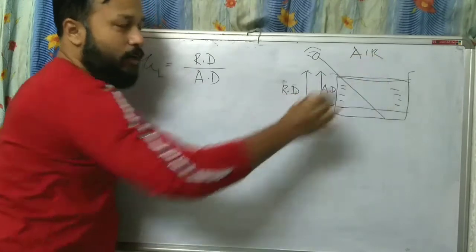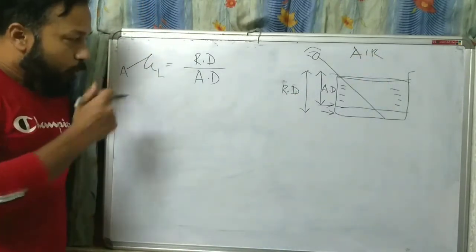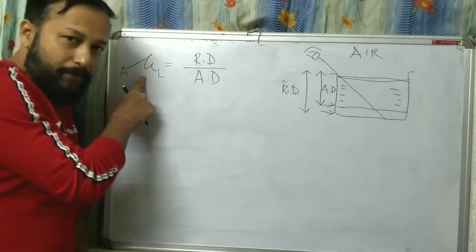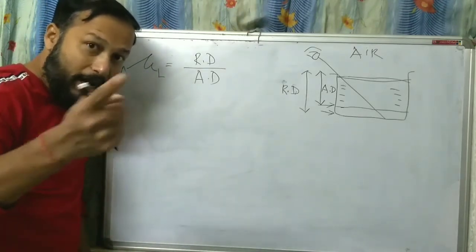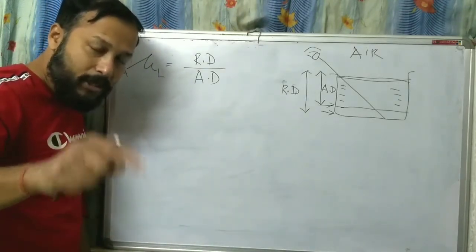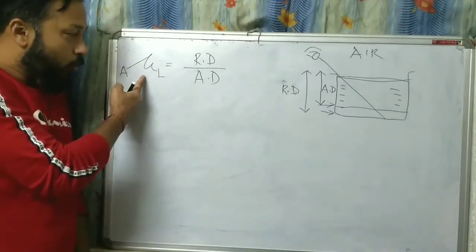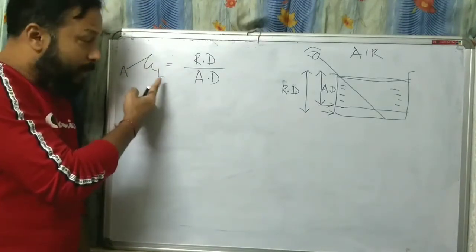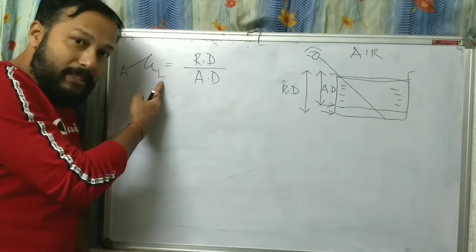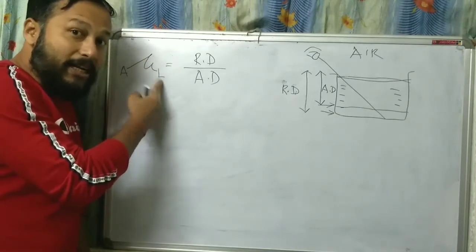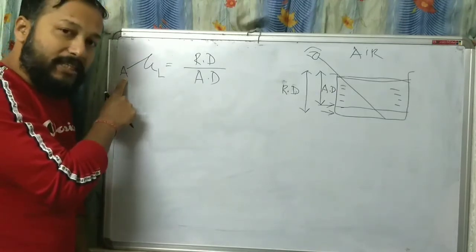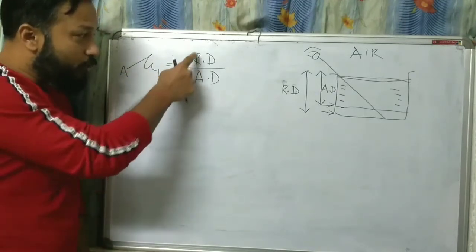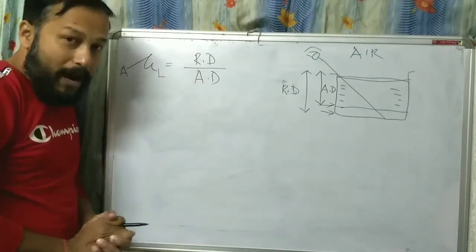So this is mu, refractive index, as we discussed in that video. I told you the link of that video is there in the description box. According to that video, the refractive index of that liquid L with respect to air is equal to real depth by apparent depth.